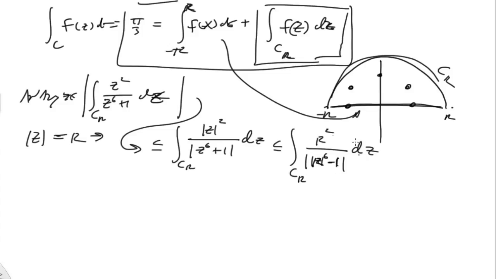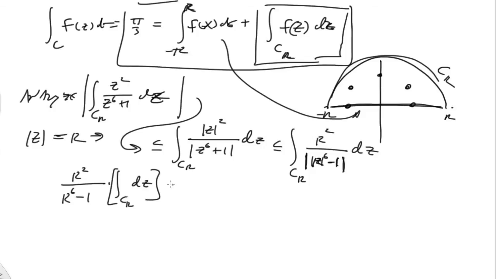And so this no longer depends on z, this real valued integral, so I can move that out. That'll become r squared over r to the 6th minus 1. r is bigger than 1, so I can take off these absolute values here. And then times the integral over CR of the modulus of dz.